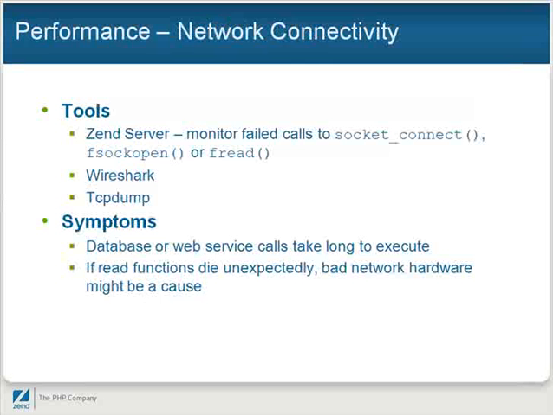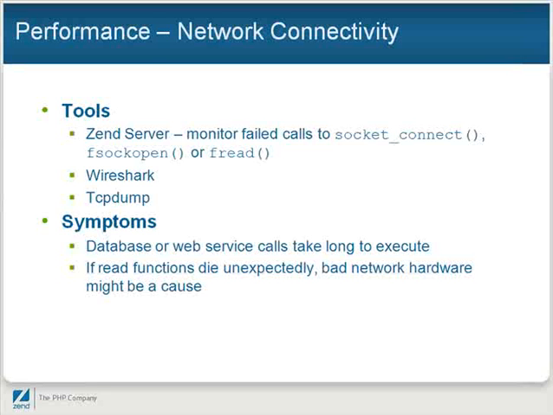Network connectivity is actually a little bit different from network latency. It's definitely related, and some of the symptoms can be database or web service calls taking too long. Another one that is going to be more indicative of this, because we've already talked a little bit about network latency, is if read functions die unexpectedly.